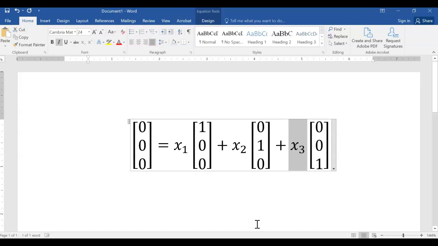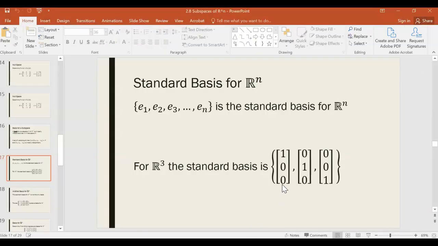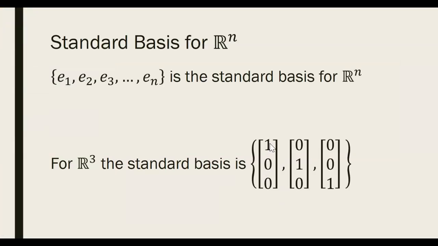So this set of elementary vectors, (1,0,0), (0,1,0), (0,0,1), forms a basis for R3. And by the way, this is called the standard basis because it is one of the easiest bases to deal with.